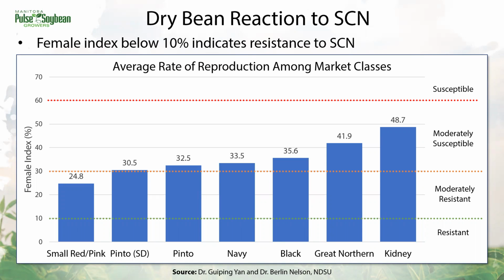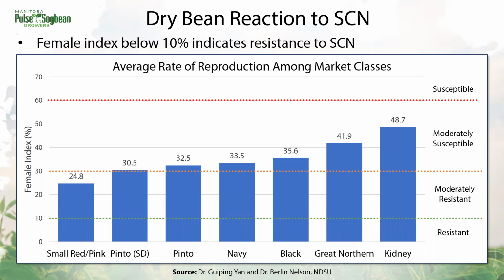Following that, Dr. Yan and Dr. Nelson have also done greenhouse studies of different dry bean varieties to test their resistance to SCN. Again, female index is how this is measured, and that's what's reported along the y-axis here. Anything below 10%, this green line, is considered resistant, since SCN isn't increasing or surviving really well on those plants.